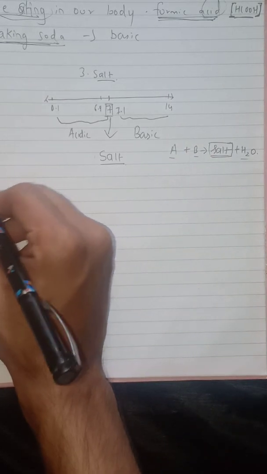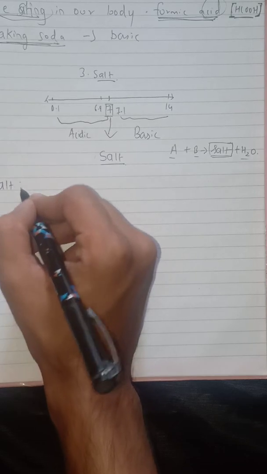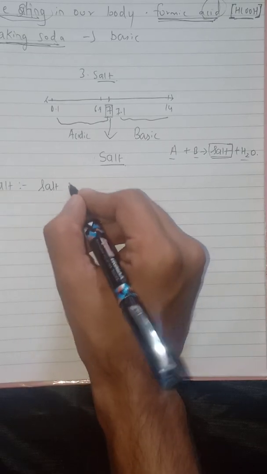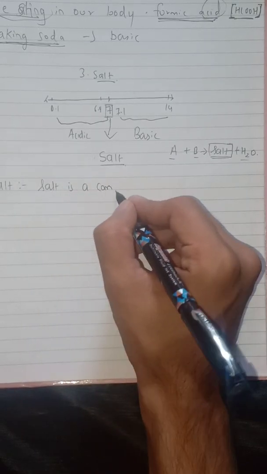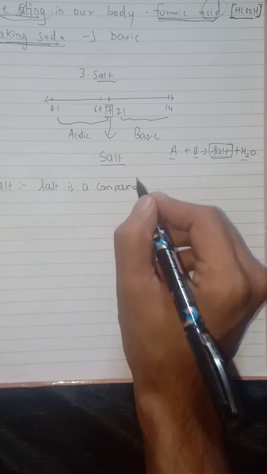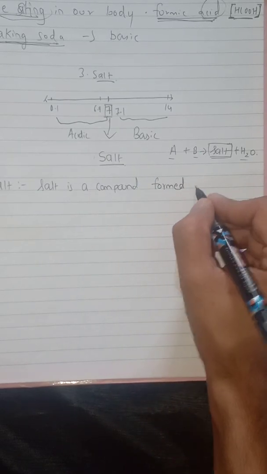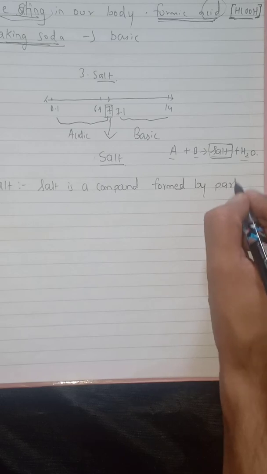Now we are going to write the definition. There are two basic definitions. First, a salt is a compound which is formed by partial or complete replacement.